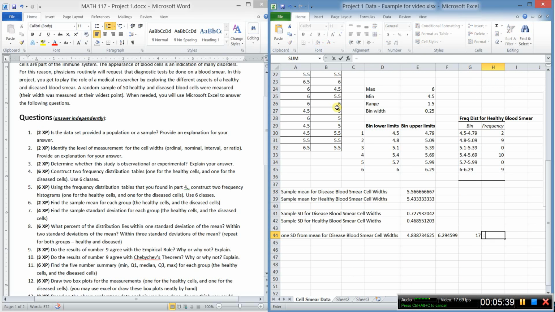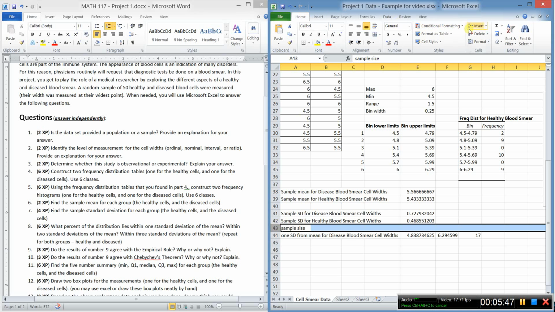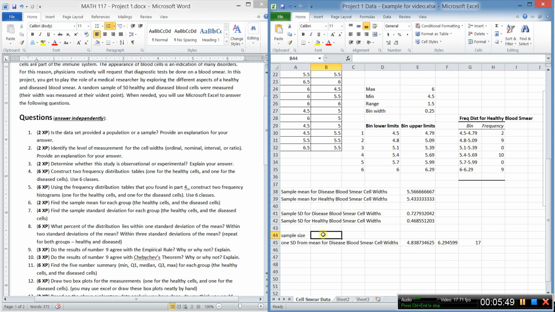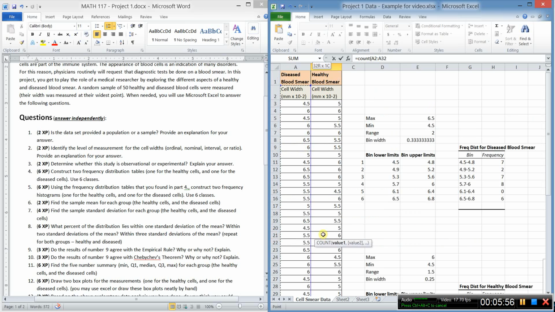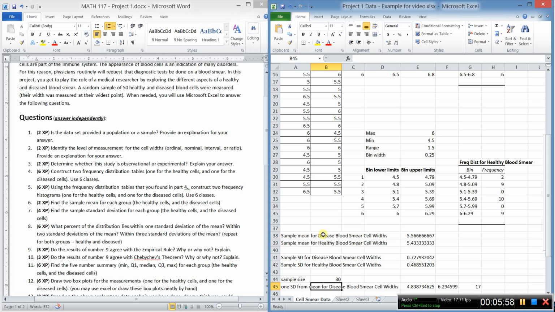Now n, the sample size, I could count it using the count function, highlight all the data, and it is 30.